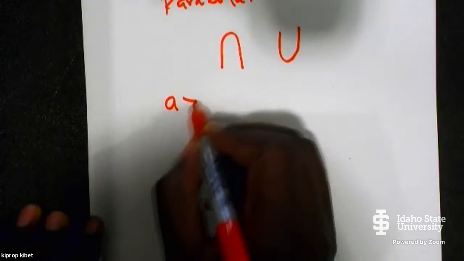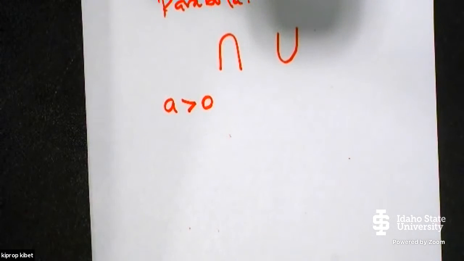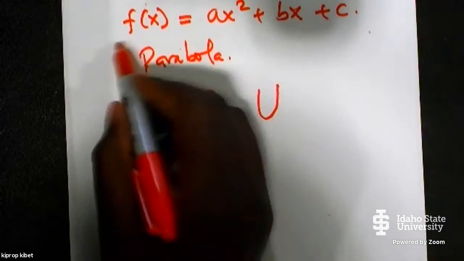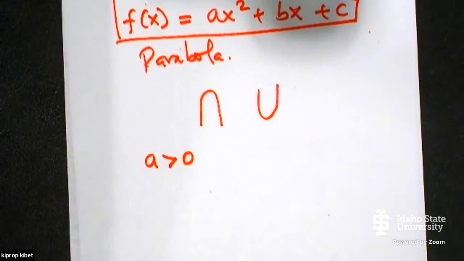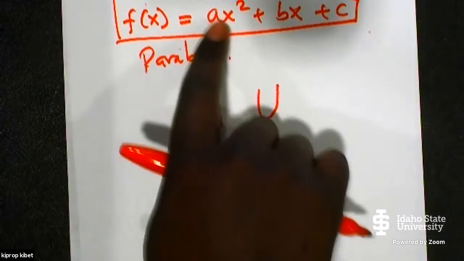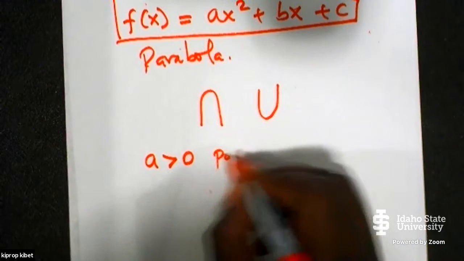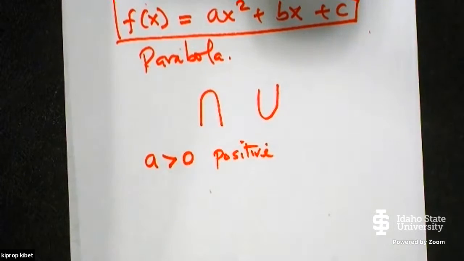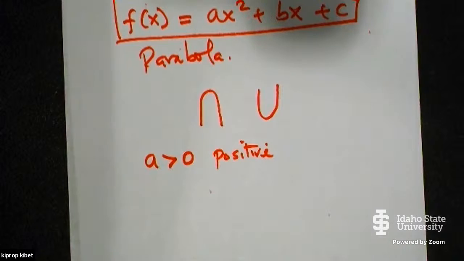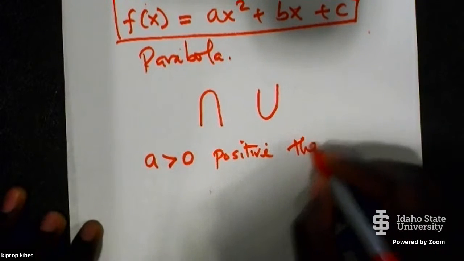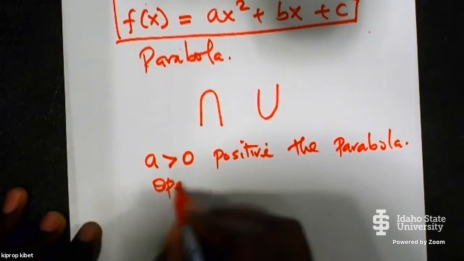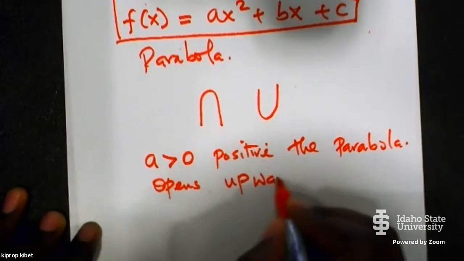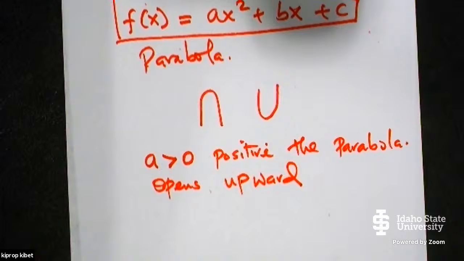Now, if A is greater than 0 for this function f of x equals ax squared plus bx plus c, that means if A is positive, then the parabola opens upward.